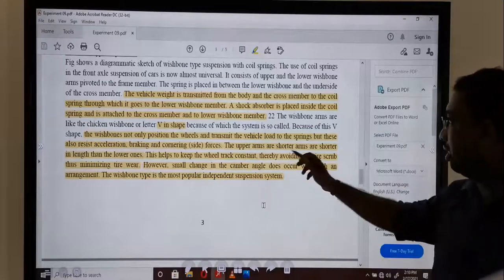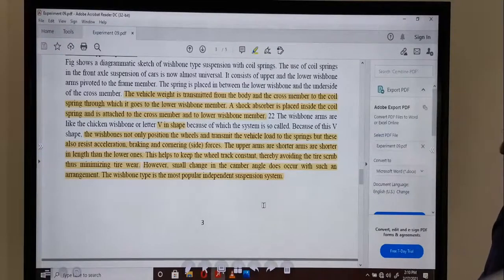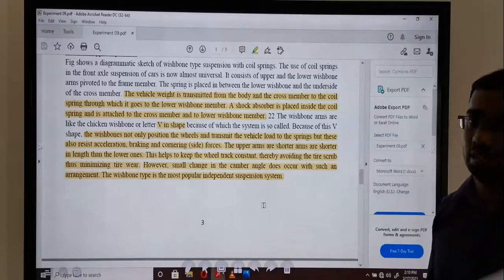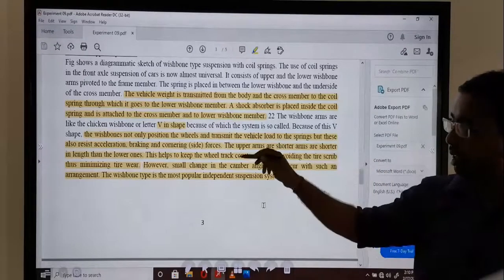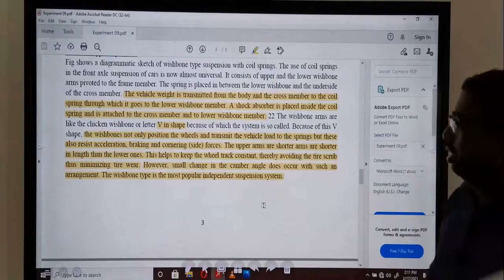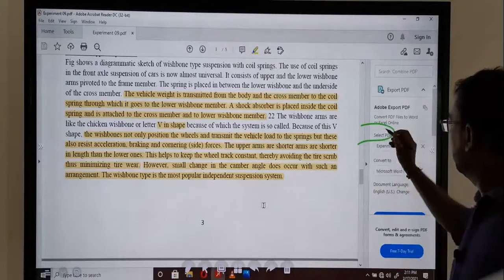The upper arms are shorter in length than the lower arms. That means the upper arm is shorter, so the lower arm is longer.